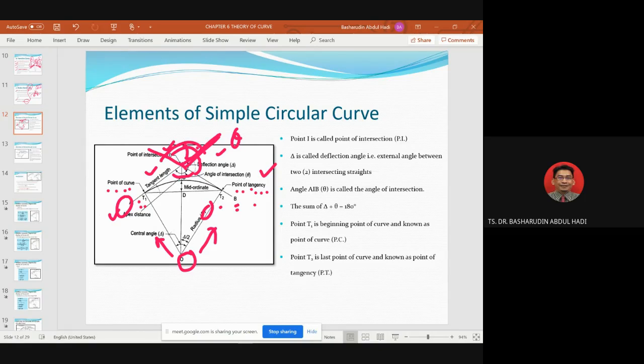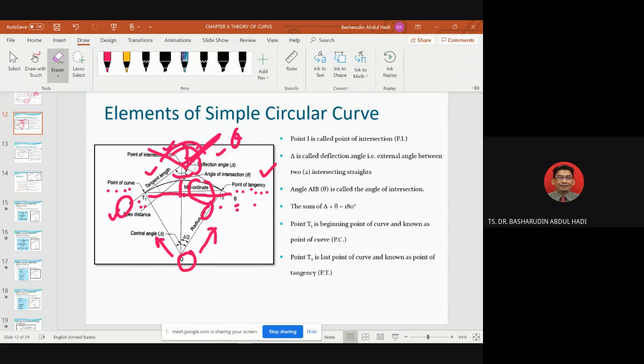Alright, and of course if you draw a straight line from T1 to T2, you can have a center point here. We call it the mid-ordinate, and we can also identify the technical over here.